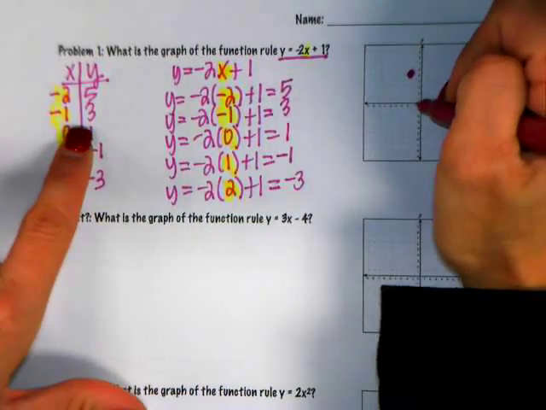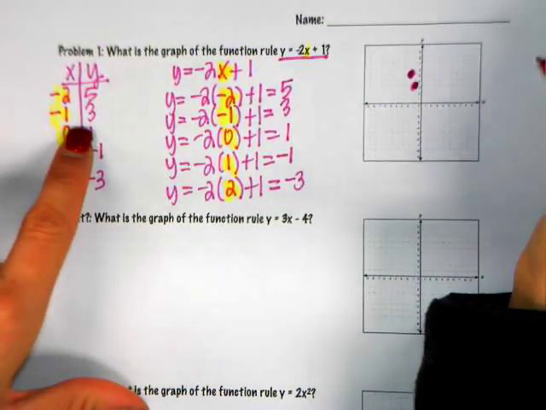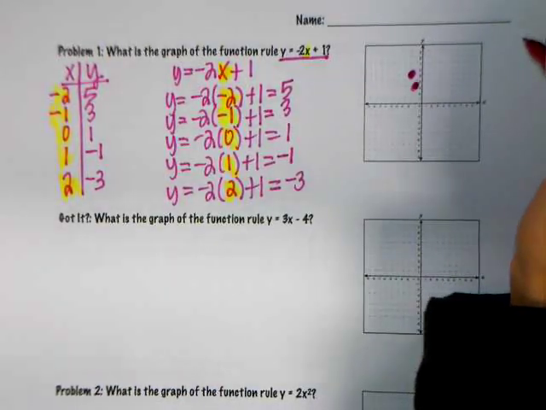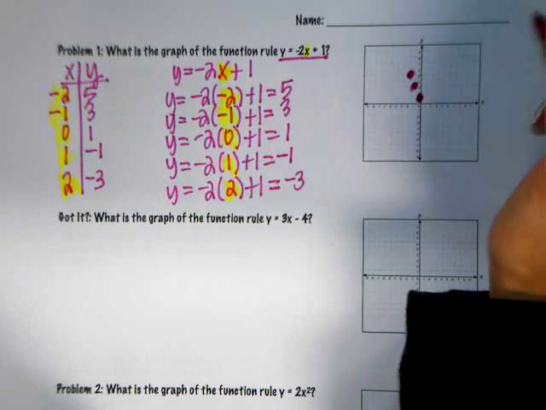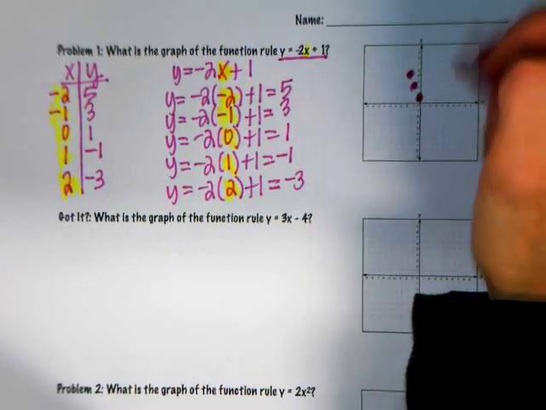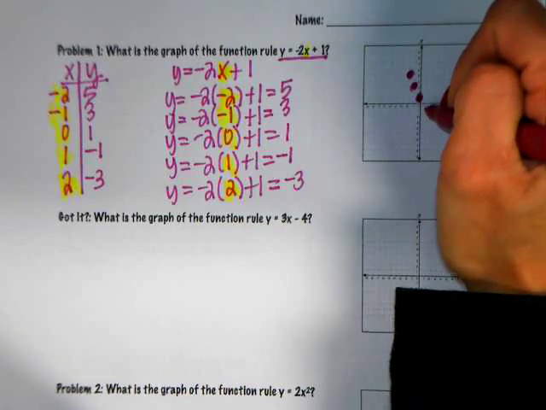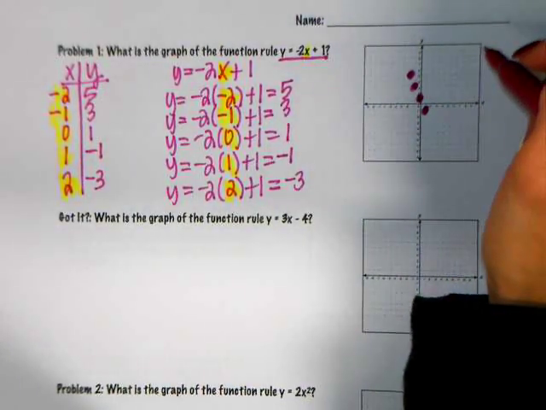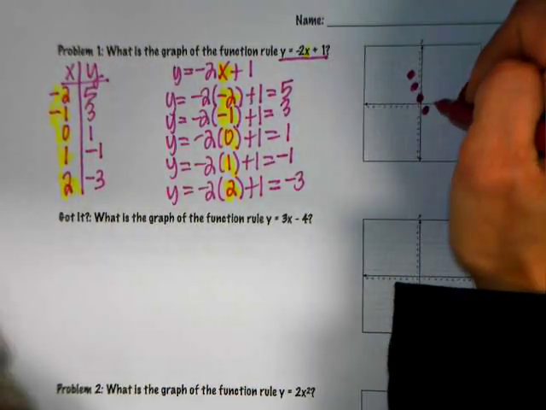So go left to the negative 1, and then up to the 3. 0, 1, you're staying in the center and just going up 1. 1, negative 1, you're going to the right 1 and then down 1. And then 2, negative 3, to the right 2, down to the 3.